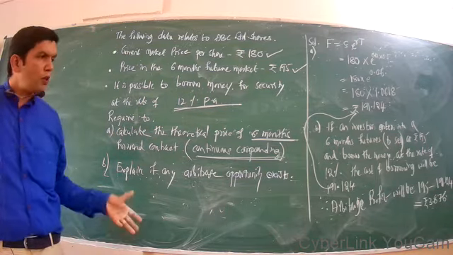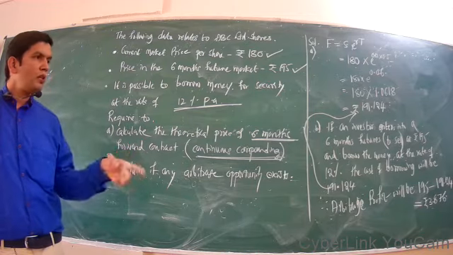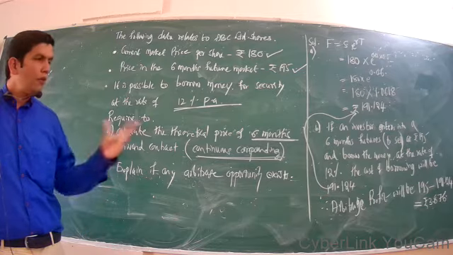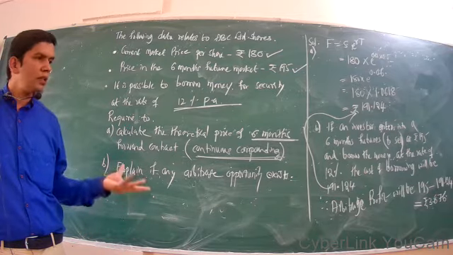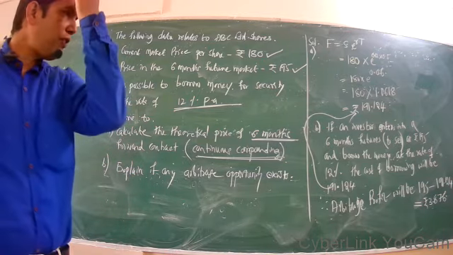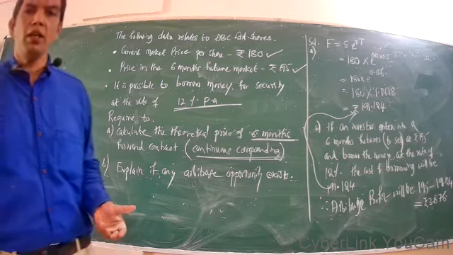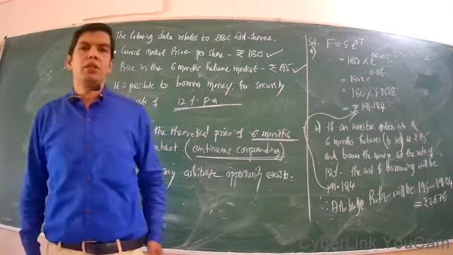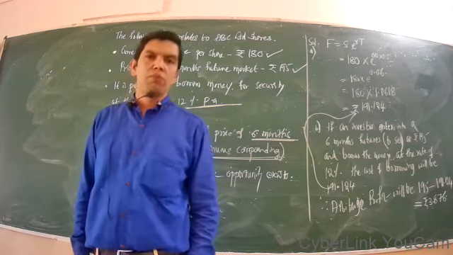Therefore, the arbitrage profit will be the difference, 195 minus 191.124. If it is plus, then it is profit. If it is minus, then it is loss. So the ultimate arbitrage profit is rupees 3.876. Okay, I hope you have understood these two problems.